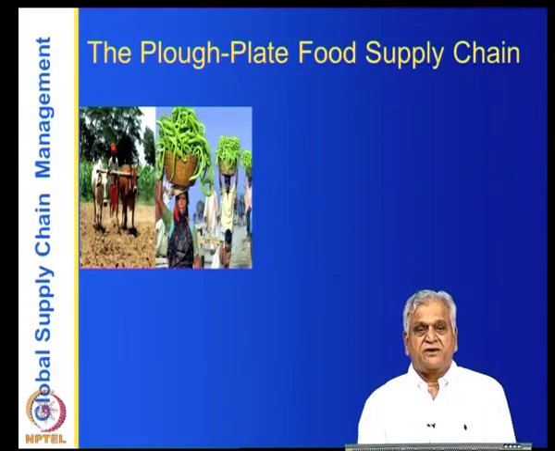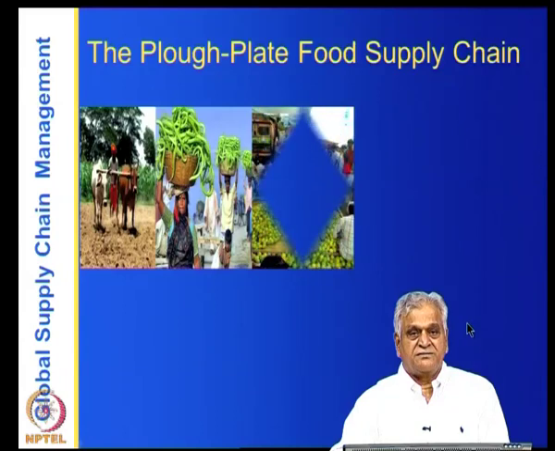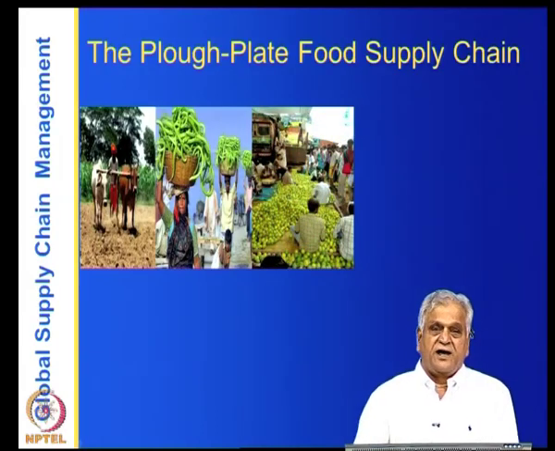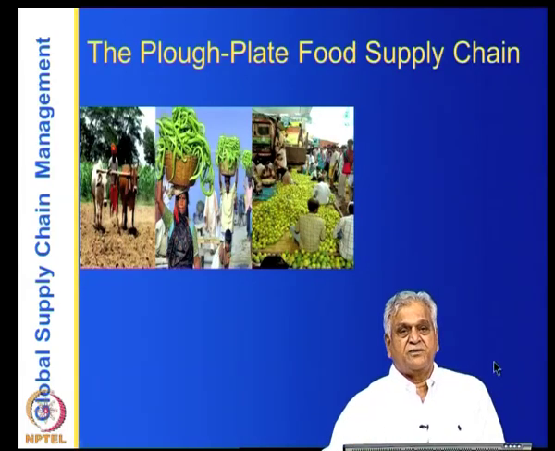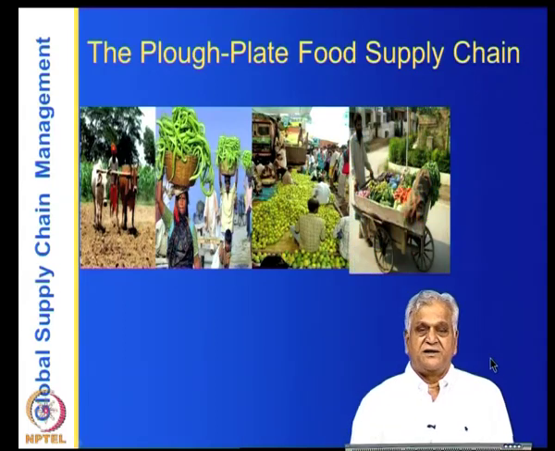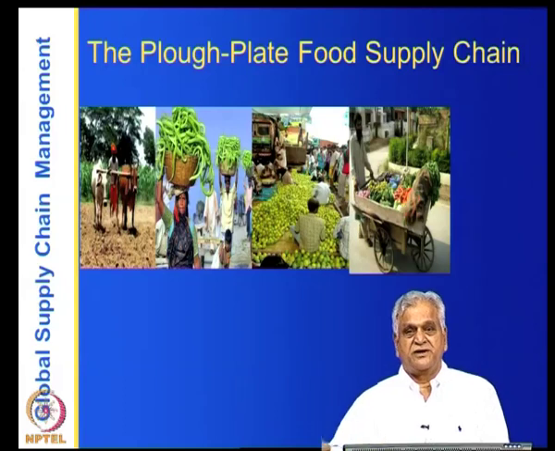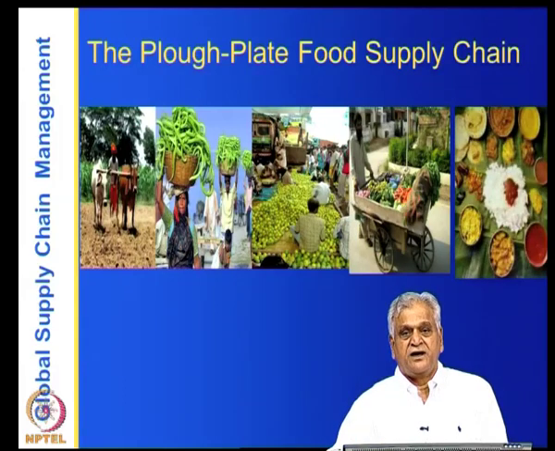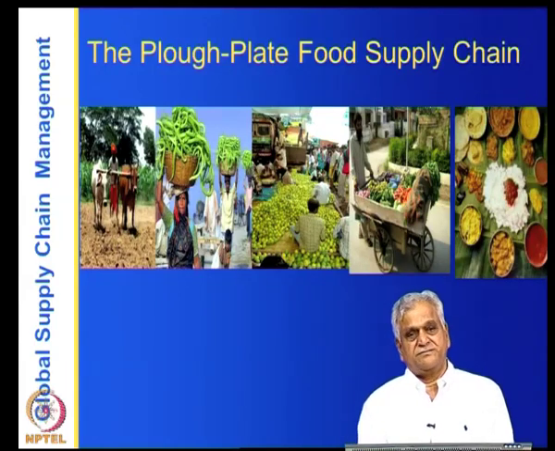Whatever is produced is transported to the mandis or the distribution centers by people carrying it on their heads. This is a kind of distribution center where these things are sold to the retailers. Once they are sold, the retailers, who are the street vendors, bring it to your house and supply it, and you cook it. So this is called the plow to plate supply chain.